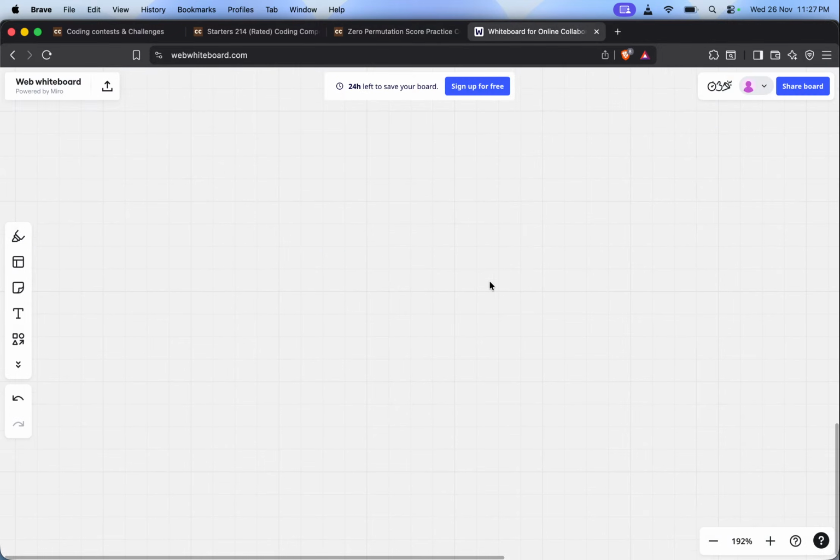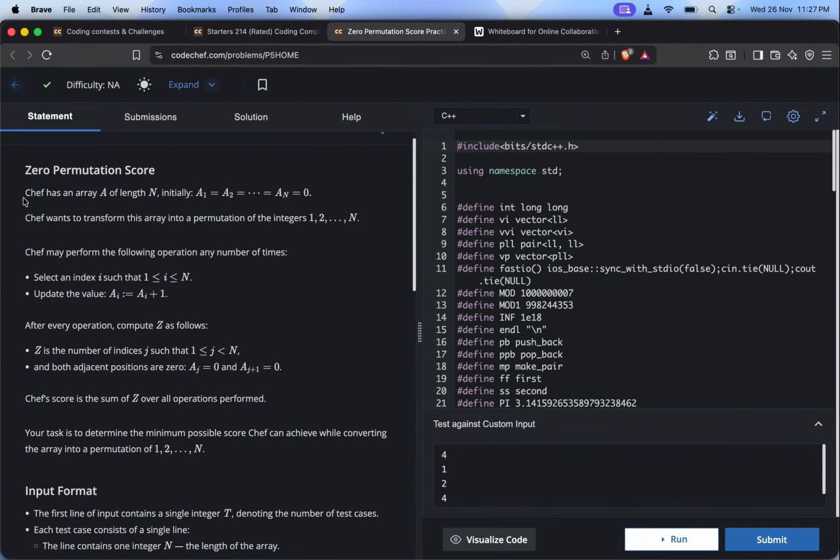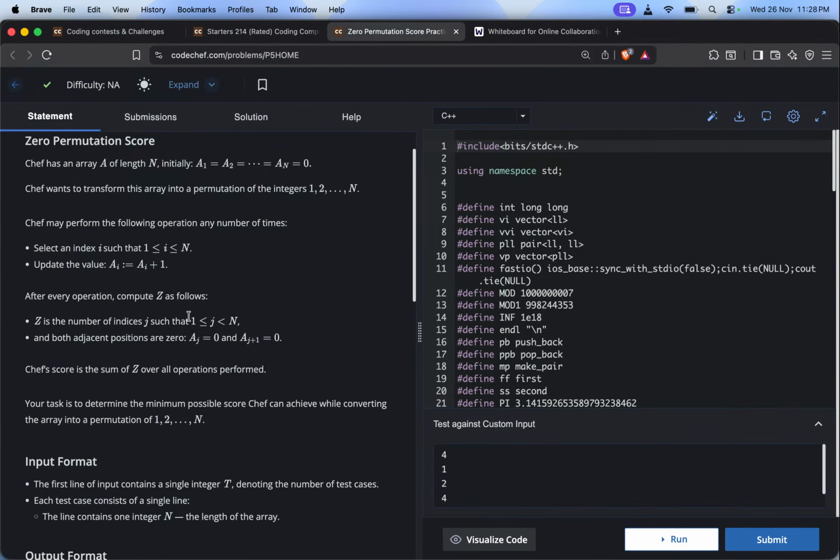Now let's move to the third problem. So Chef has an array of length n. Initially all the elements are 0. Chef wants to transform his array into a permutation of length n. Chef performs the following operation any number of times. Select an index i and update the value of a_i to a_i plus 1.